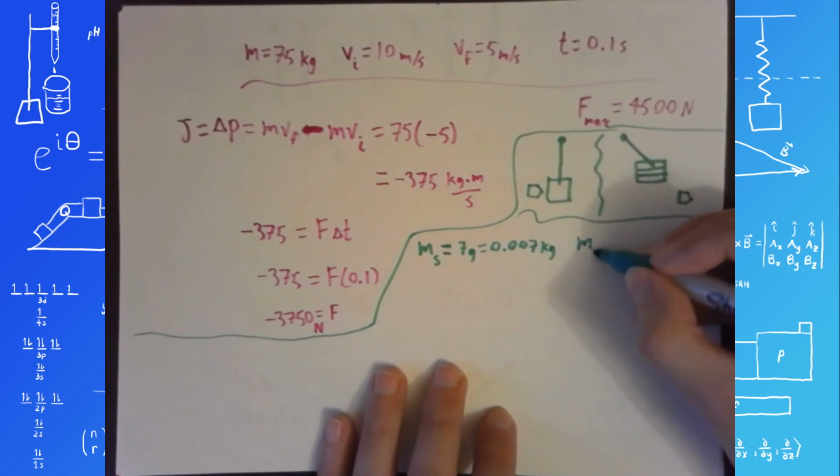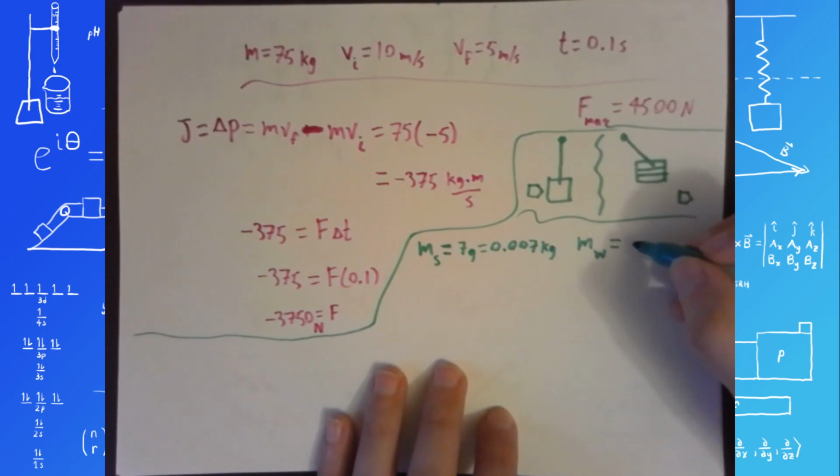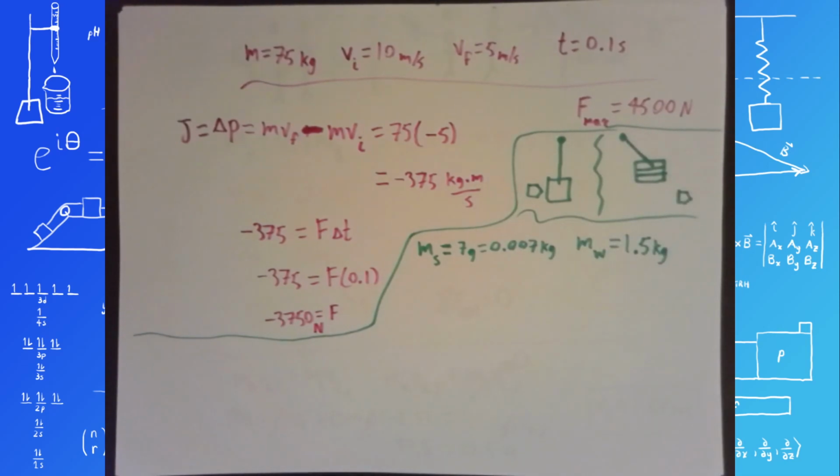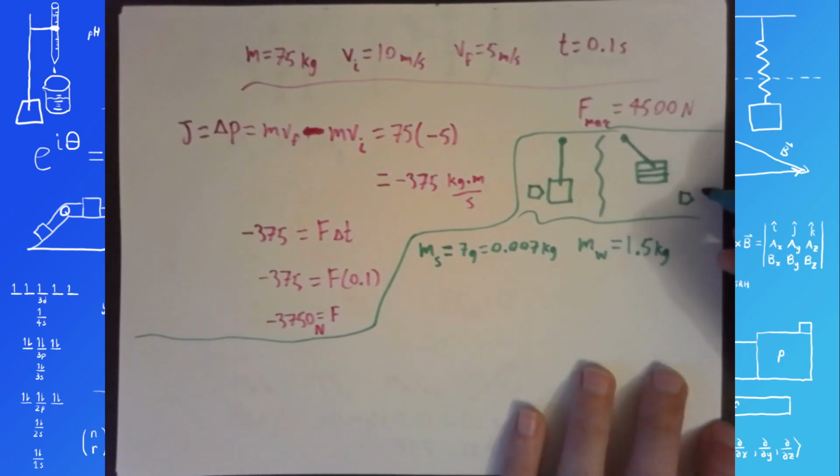The mass of the wood block, MW, is, was it 1.5? Yeah, 1.5 kilograms. The bullet emerges from the block with a speed of 200 meters per second, so it emerges with 200 meters per second.